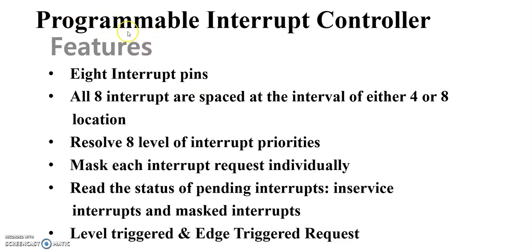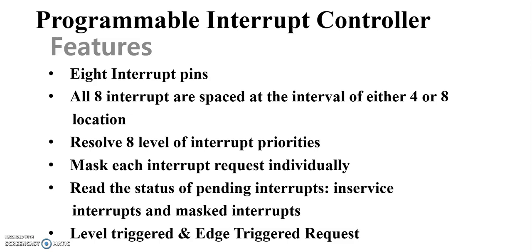Next, the programmable interrupt controller features. Some of the features are: it has 8 interrupt pins. All 8 interrupts are spaced at an interval of either 4 or 8 locations. It resolves 8 levels of interrupt priorities.